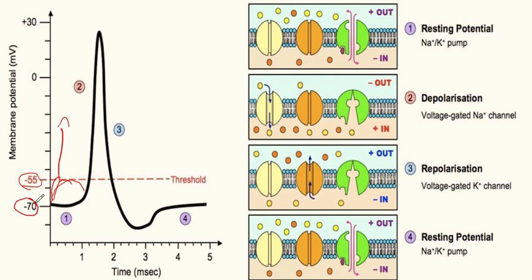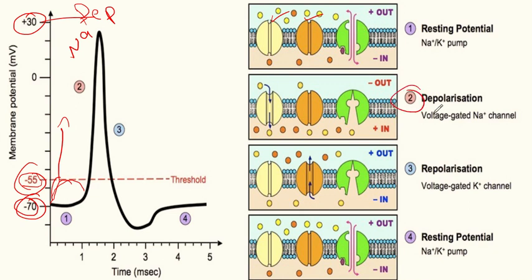So negative 70 is resting potential, negative 55 we call threshold potential. Now the sodium ion, here we can say sodium will cause the charge to go to positive 30. Now this is the depolarization. So if you look here, the sodium channel closed, the potassium channel closed, but the sodium potassium pump works.